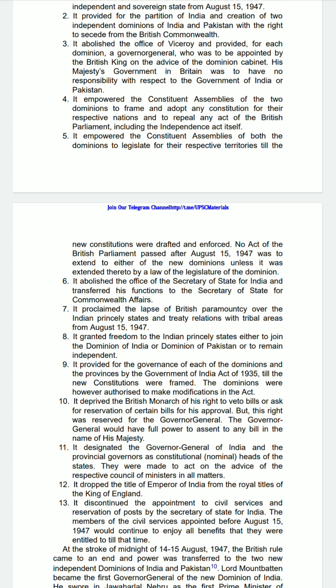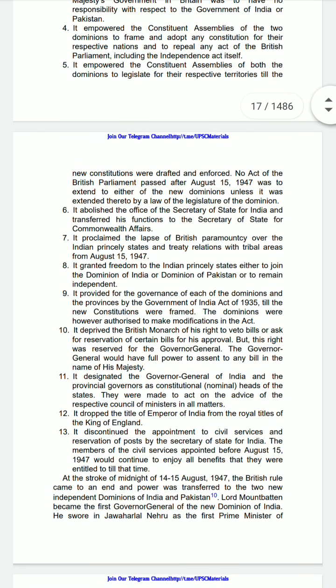It empowered the Constituent Assemblies of the two dominions to frame and adopt any constitution for their respective nations and to repeal any act of the British Parliament, including the Independence Act itself. It empowered the constituent assemblies of both the dominions to legislate for their respective territories till the new constitutions were drafted and enforced.